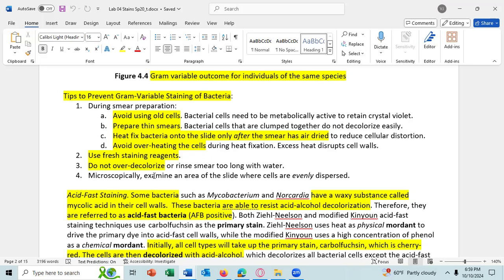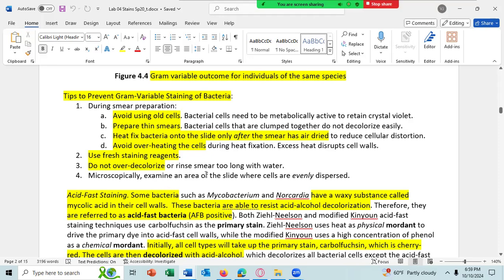And hopefully I said that correctly. If you over decolorize, you'll remove the crystal violet iodine complex from gram positive cells. If you under decolorize, you may not remove it all from the gram negative cells.